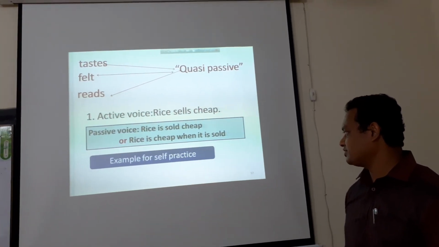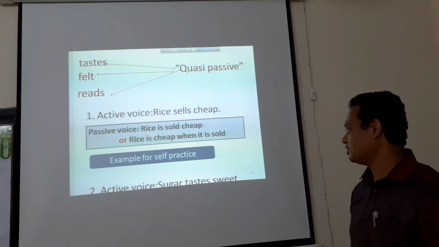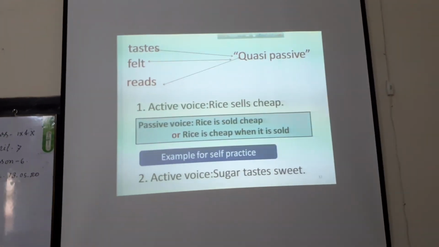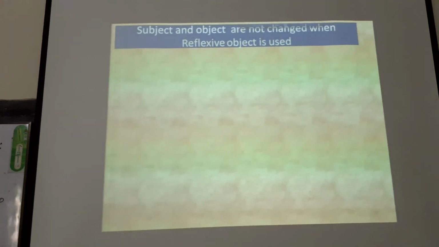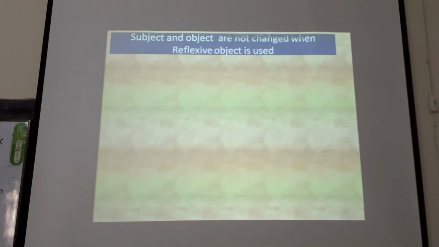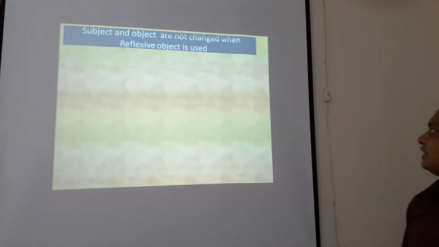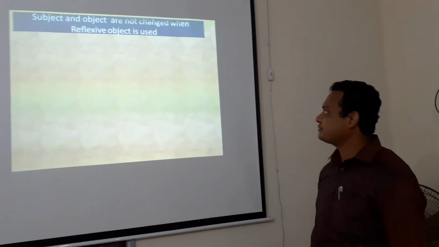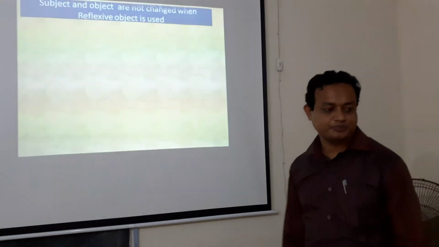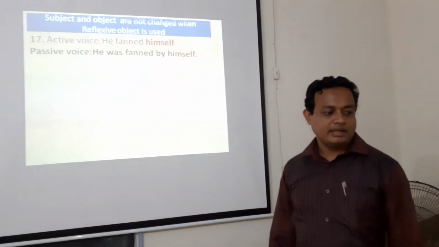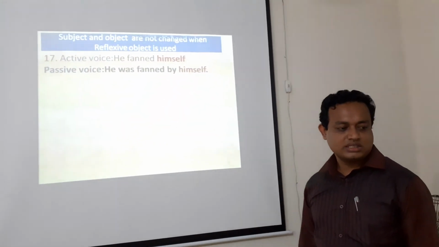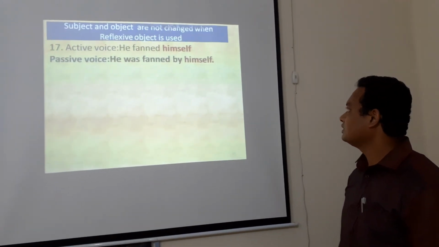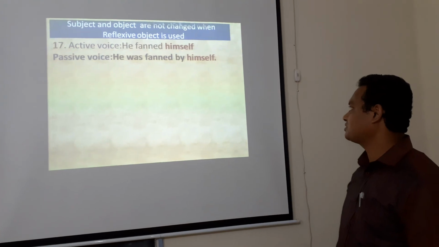Another example for self-practice: sugar tastes sweet. Subject and object are the same when a reflexive object is used. In active voice, she fanned herself, and herself is the reflexive object.